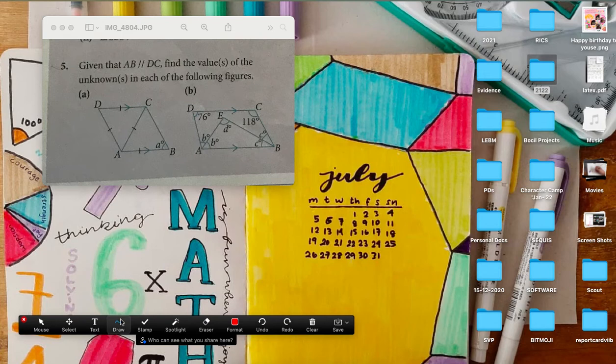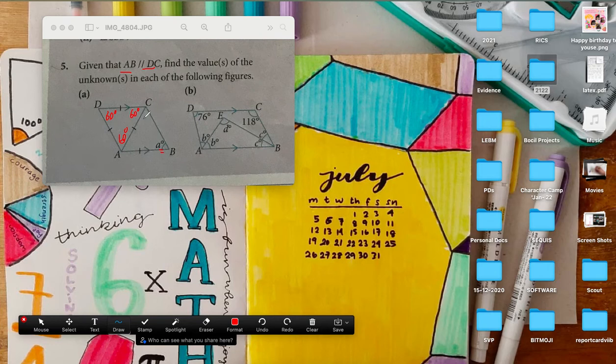So apply the property of an equilateral triangle that each interior angle measures 60 degrees. Then let's see, from the information given, AB is parallel to DC, and I have to find the value of the unknown A in here.